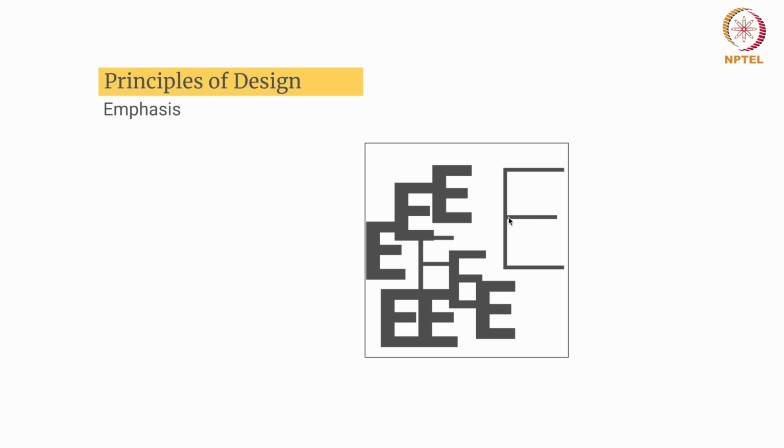So when you see the bold E, you can see how the overall E is clustered in one segment and it's gradually projected towards the larger E. And this is where the idea of emphasis prevails when you see the larger E. So your eyes always emphasize the larger E.